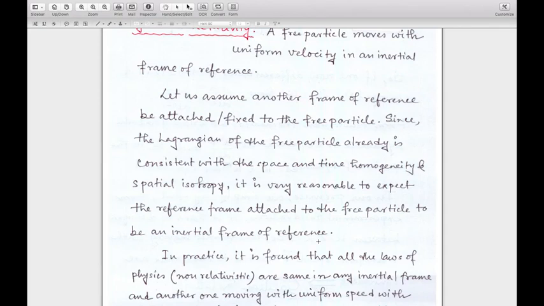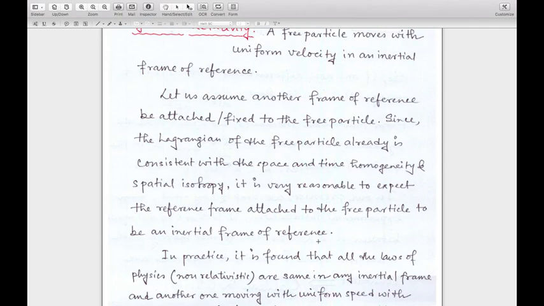So you can see that if with respect to one the other is moving with a uniform speed, then with respect to the other, the first one is also moving with uniform speed. So philosophically these two are equivalent.